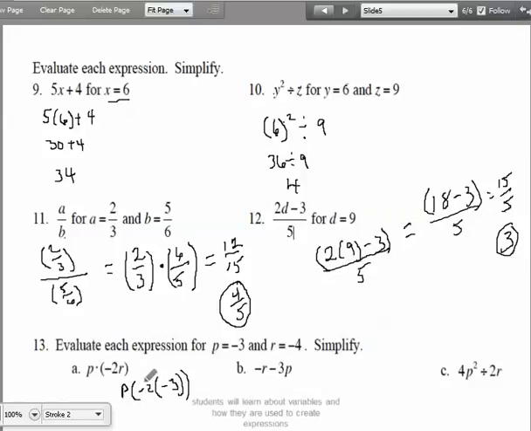So when I go through and try to do this, I'm sorry, r is negative 4, and this one up here would be a negative 3. Okay, so let's see here. Inner ones first. Let's see, I got negative 3, negative 2, negative 4. I've got 3 negative signs there, so there's going to be a negative value when I get done here. 3 times 2 is 6, times 4 is 24.